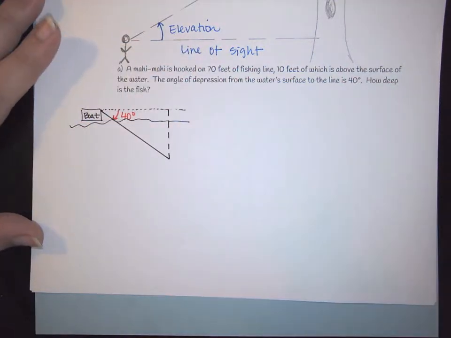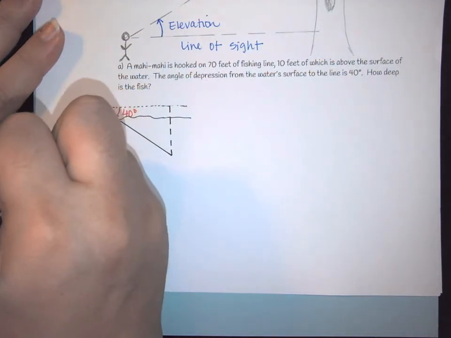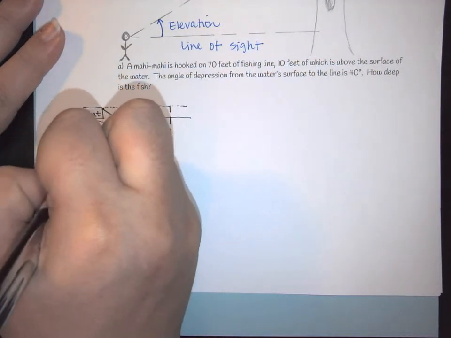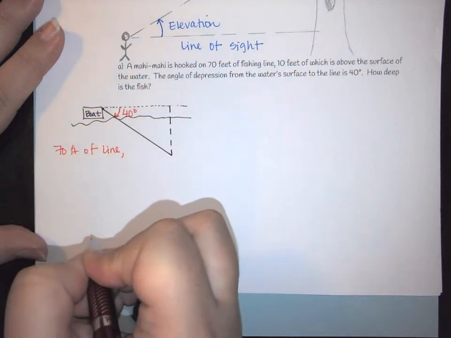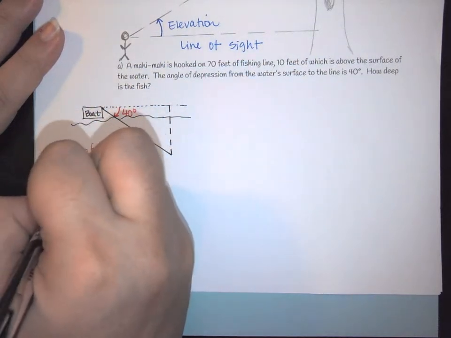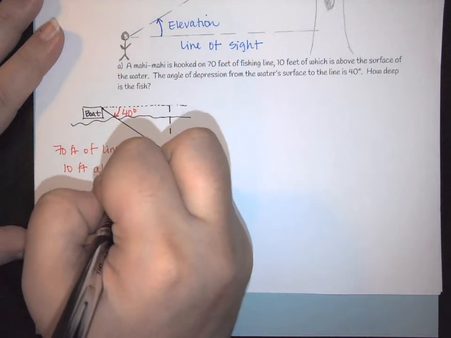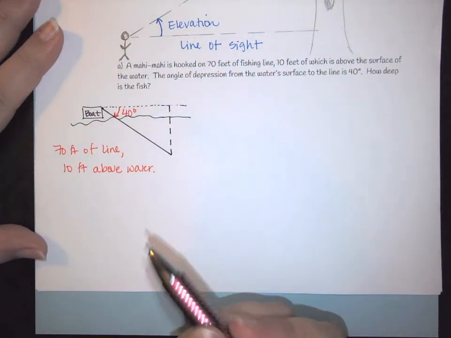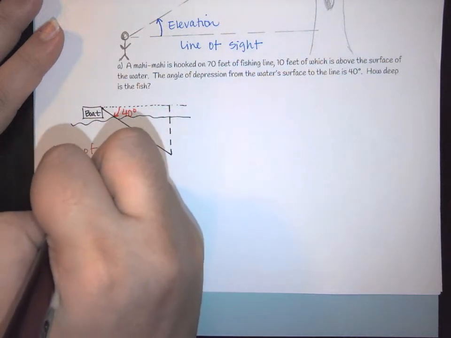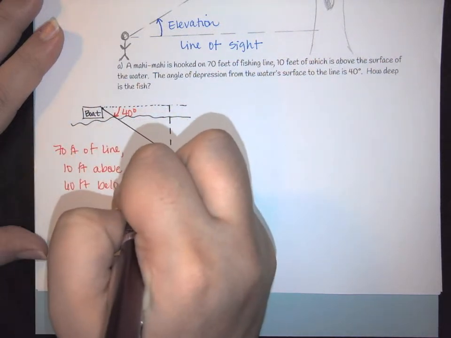The other thing that we've been told is that we have 70 feet of fishing line, and we were told 10 feet is above the water. That being said, that means 60 feet has to be below the water.